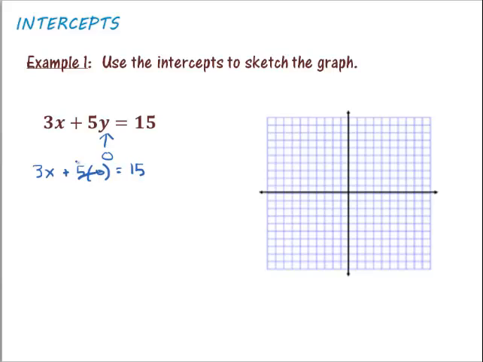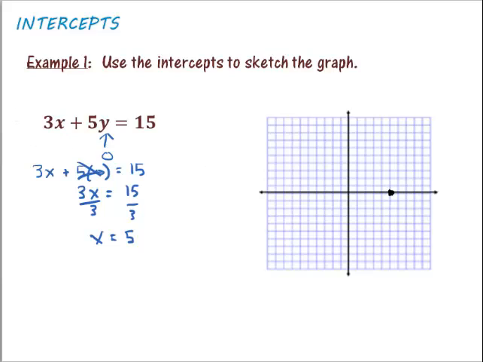So that crosses out, and I have 3x equals 15. If I divide both sides by 3, I get x equals 5. Alright, so that's where my first point's going to be on my graph, at x equals 5. 1, 2, 3, 4, 5.